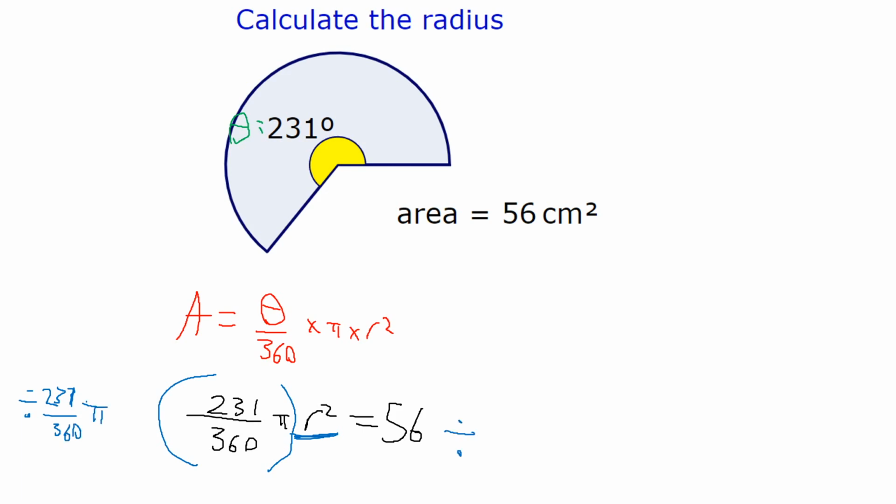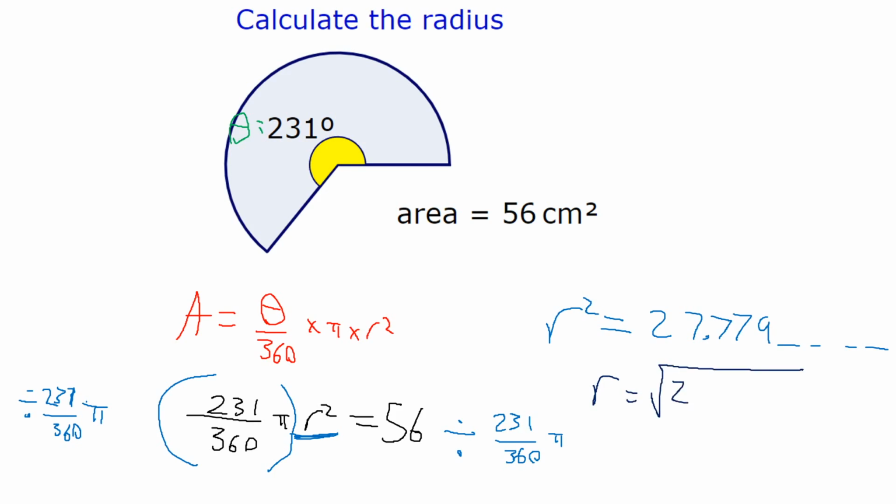We divide by 231 over 360 pi, and when we do that, we get r squared is equal to 27.779... Okay, so now all we need to do to work out what r is, we need to square root our answer. And once we square root it, we get an answer of 5.3 centimeters.